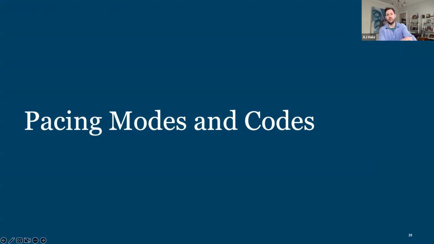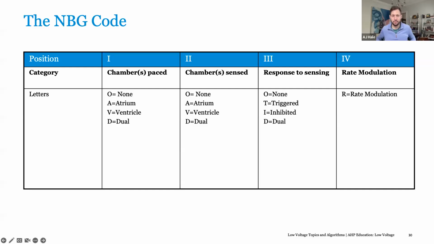All right, pacing modes and codes. If you remember where we left off, we spoke about bradycardia and the indications for pacers, and now we're going to move on to the NBG codes. The NBG codes are a way to classify the mode that a pacemaker is set to.